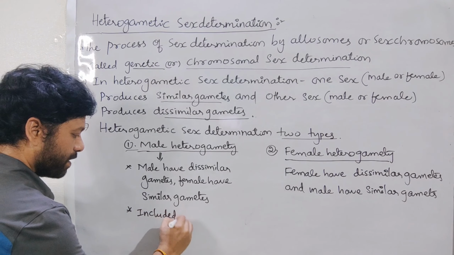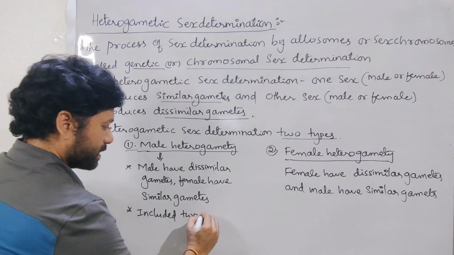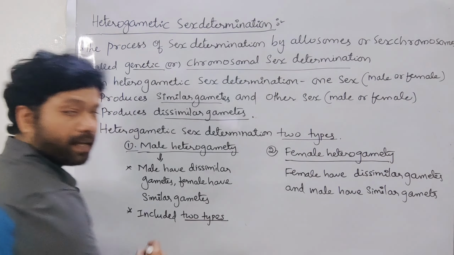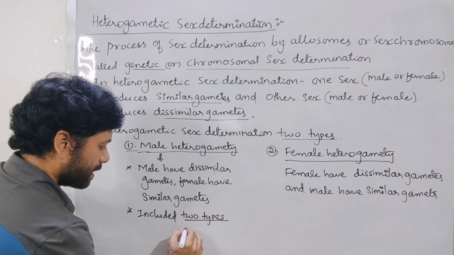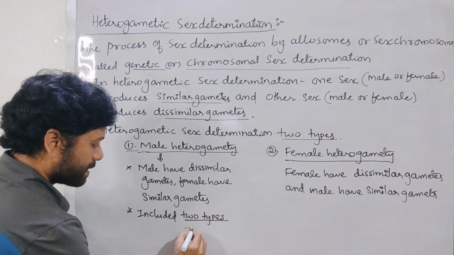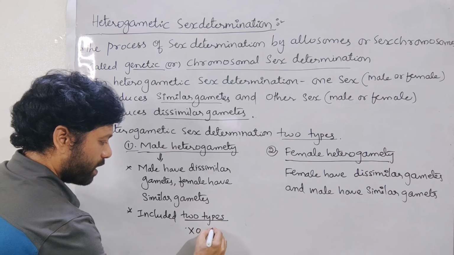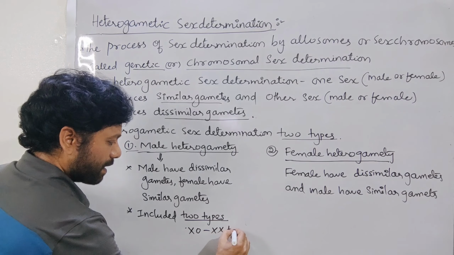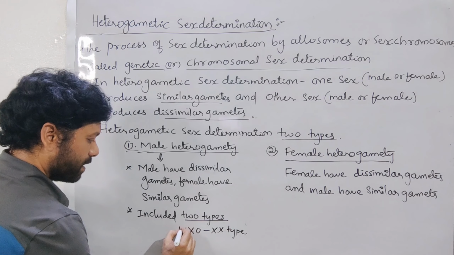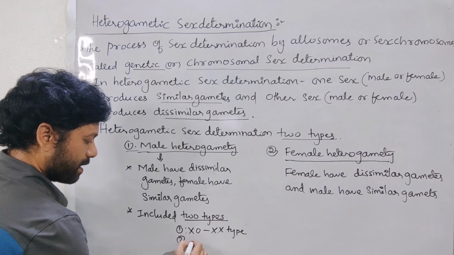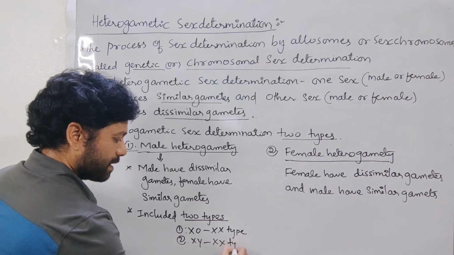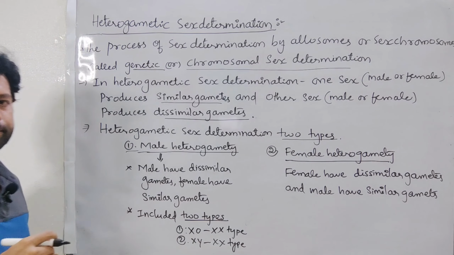Included here are two methods, two types. What are the types here? One is the XX, XO method, the second one is the XX, XY type. Understood?